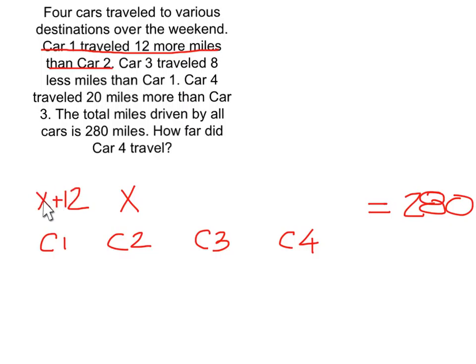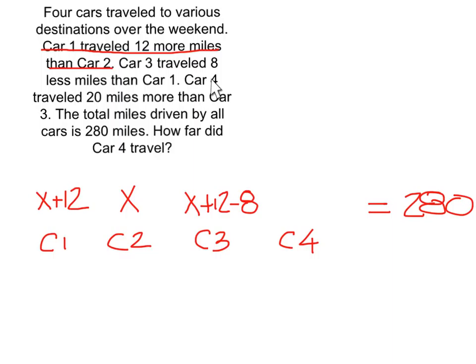At some point, yes, but there's something else that goes along with car 1 besides 12. It's X. X plus 12 goes along with car 1. So if car 3 traveled 8 fewer miles than car 1, we could insert X plus 12 minus 8 for car 3.